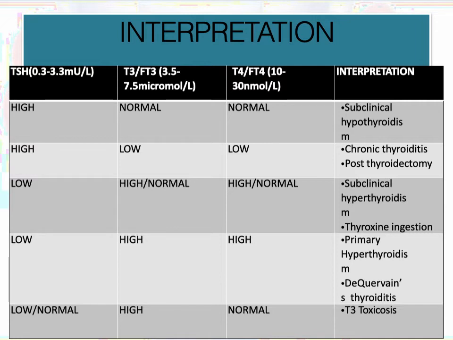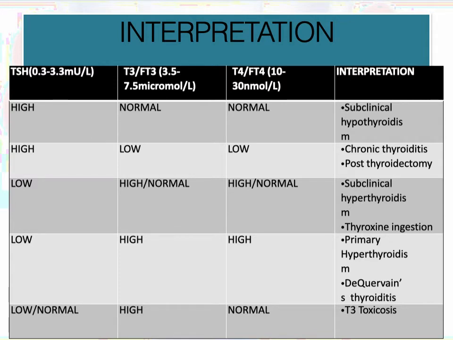Then again, TSH low. If T3, T4 are high or normal, that means subclinical hyperthyroidism, or the thyrotoxic patient is taking thyroxine as ingestion tablets. If the TSH is low and T3, T4 are high, that means that either there is a primary hyperthyroidism, that is the gland is working more, or there is a de Quervain thyroiditis.